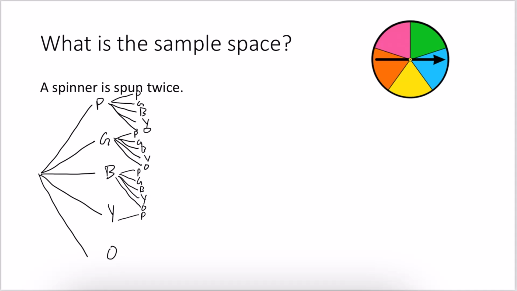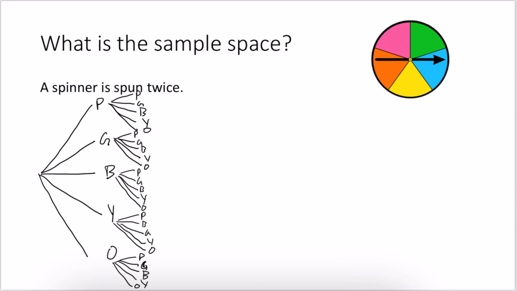I could get pink, blue, or I think I skipped green, so we'll put green in there, yellow, and orange. And if I got orange on my first spin, I could get pink, green, blue, yellow, or orange. So this choice tree represents all of the possible outcomes I could have if I spun this spinner twice.